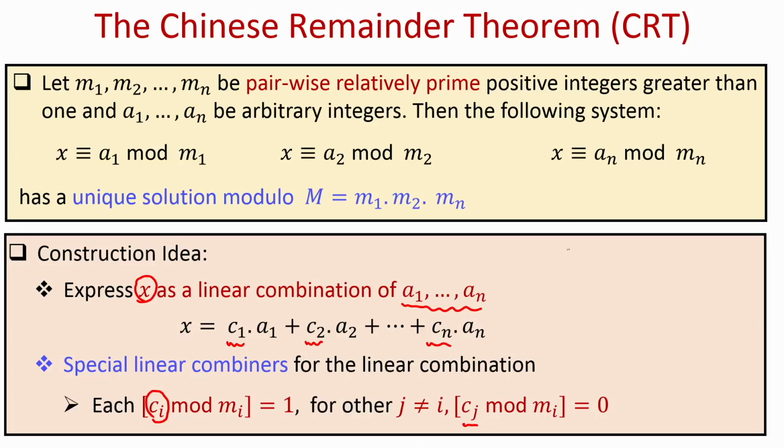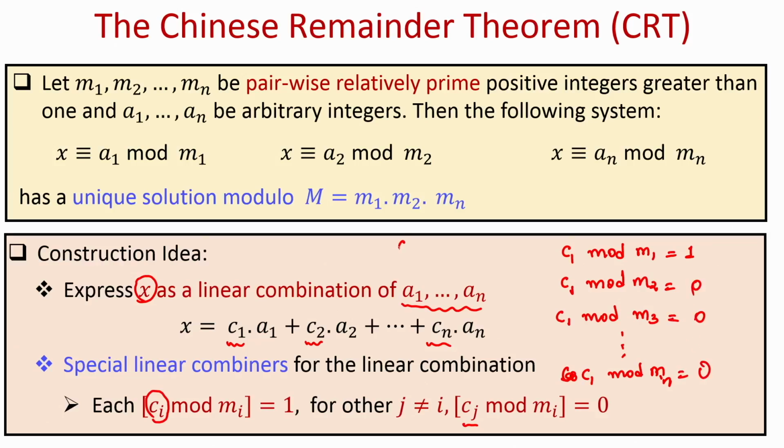For instance, my combiner C 1 will be such that C 1 modulo m 1 will be 1, but the same combiner C 1 modulo any other modulus, namely the other n minus 1 moduli, will be 0.